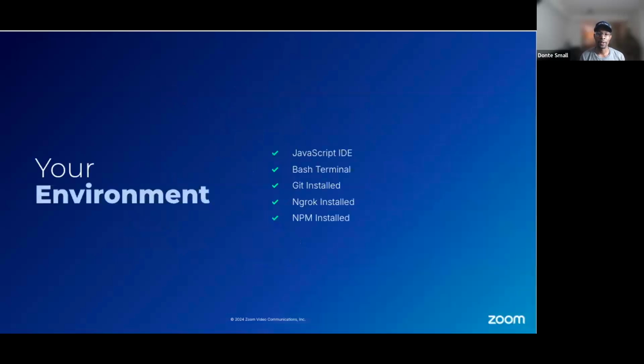Here's what your development environment should include. You should have an IDE that supports JavaScript, a bash terminal, Git for pulling down the repository, ngrok for HTTPS traffic, and of course, you want to have npm for downloading and importing JavaScript packages.